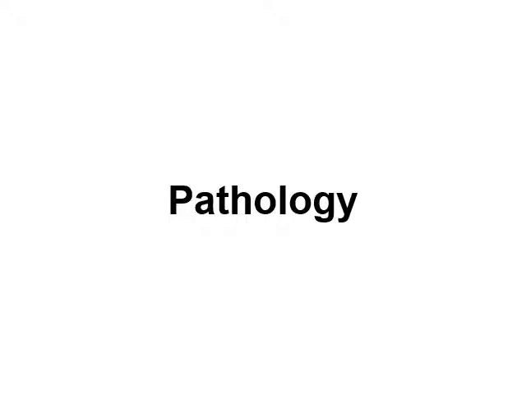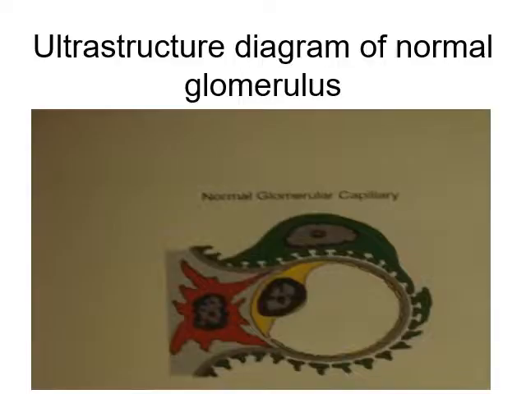Again, in pathology, you would like best to take the idea of the pathology, not the detail of the pathology. This is the diagram of a normal glomerulus with a basement membrane lined by the endothelial cell, this yellow structure, and the epithelial cell, which is covering the basement membrane from the exterior.